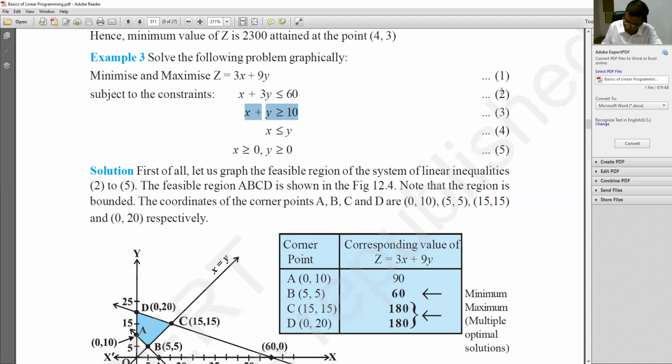From equation 1, x plus 3y is equal to 60. So when x is equal to 0, then 3y is equal to 60.